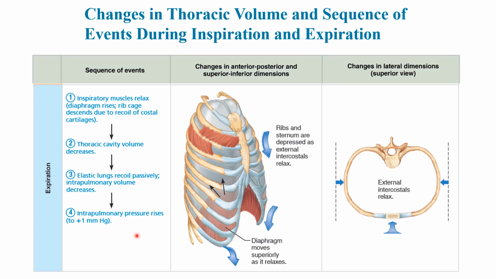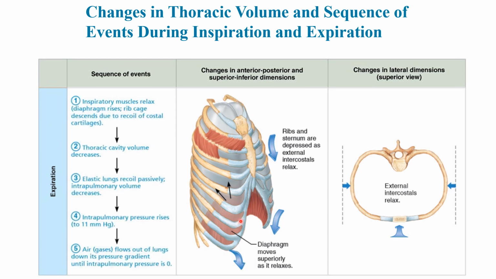And when volume decreases, the pressure increases in the lungs. So now the pressure is +1 millimeters of mercury. It means it is 1 more than the atmospheric pressure. So if the atmospheric pressure is 760 millimeters of mercury, at this time the intrapulmonary pressure is 761 millimeters of mercury. But this is usually how we express it. We say the intrapulmonary pressure is now +1.